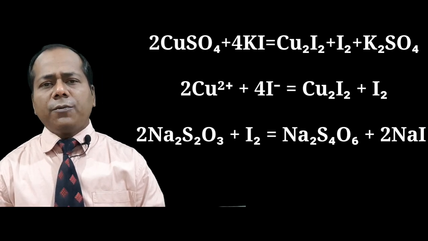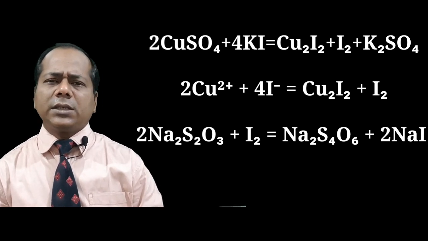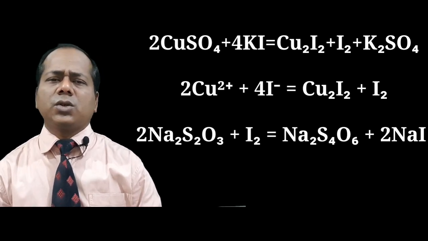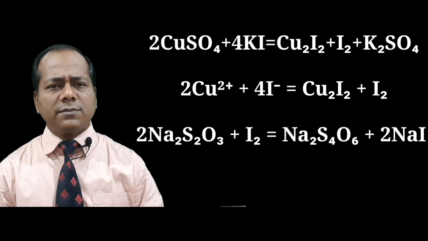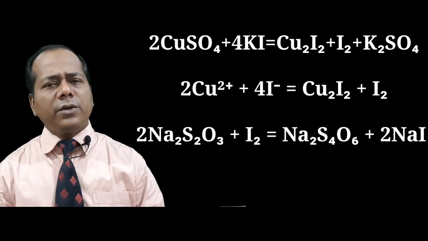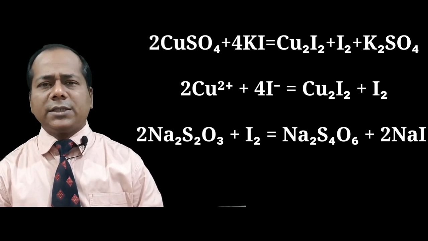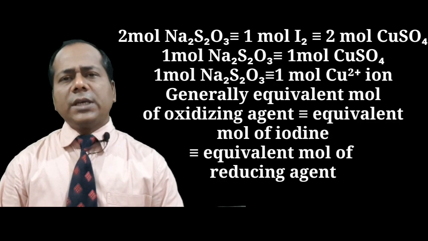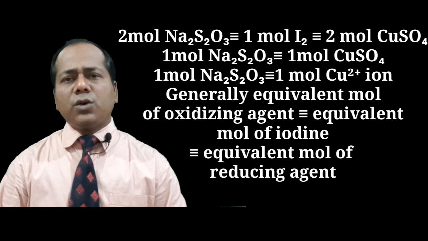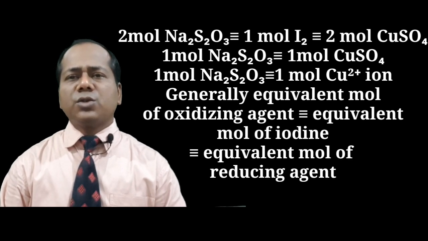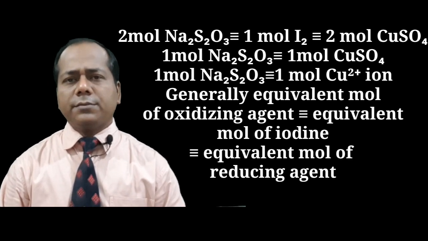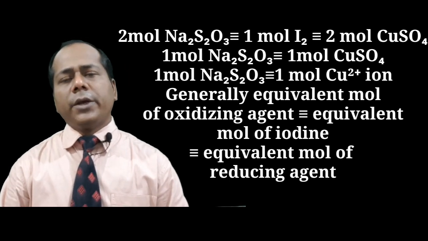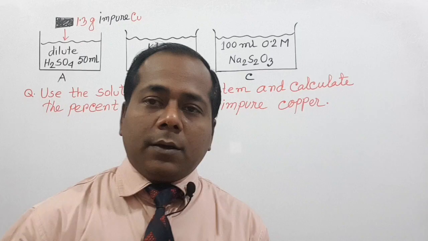Then the amount of liberated iodine is determined by titration with standard sodium thiosulfate solution. Here the following reactions take place. Generally, the equivalent amount of oxidizing agent is equivalent to the equivalent mole of iodine, and this is equivalent to the equivalent mole of reducing agent.